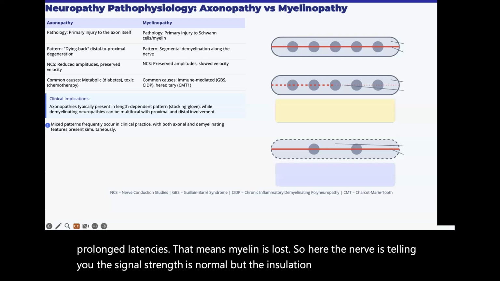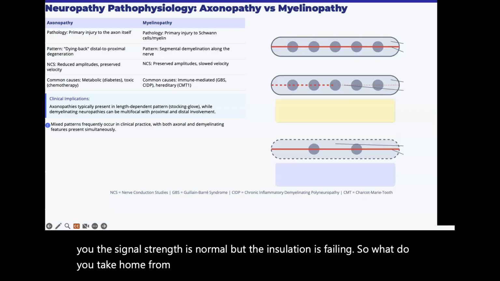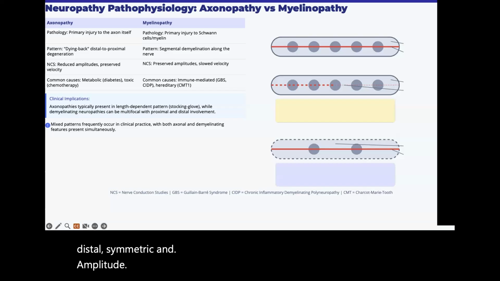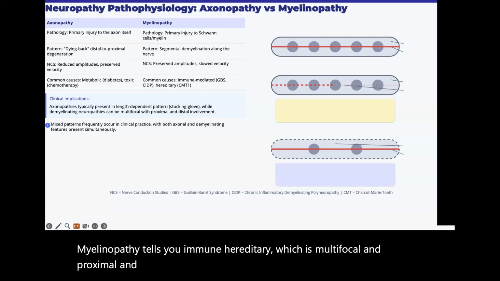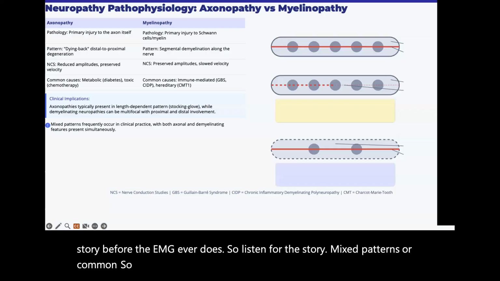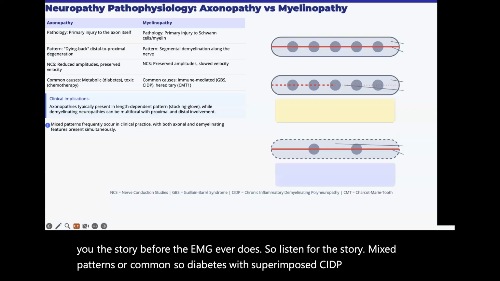So what do you take home from all this? Axonopathy means metabolic or toxic. That's distal, symmetric, and low amplitude. Myelinopathy tells you immune or hereditary, which is multifocal and proximal with slow velocities. And most importantly, the pattern is telling you the story before the EMG ever does. So listen for the story. Mixed patterns are common. So diabetes with superimposed CIDP, chemotherapy neuropathy with inherited issues.